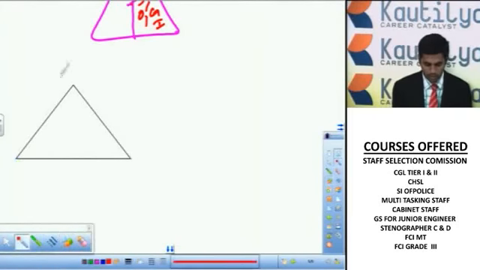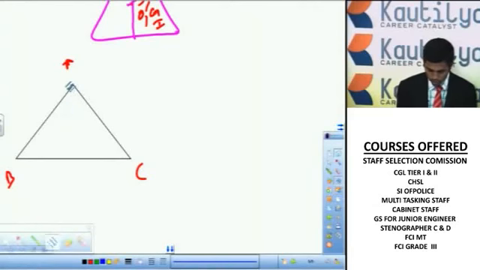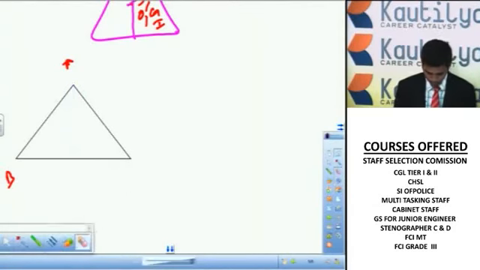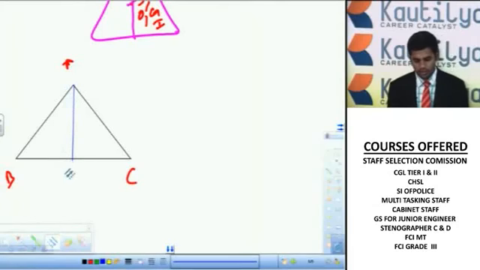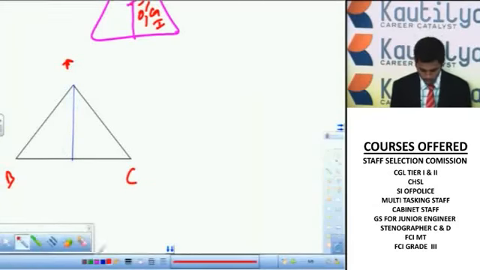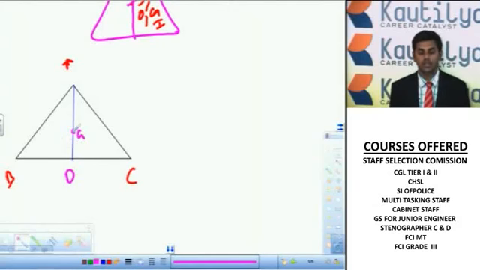Let this be the equilateral triangle with vertices A, B, C. Let us say this is the perpendicular from vertex A, AD. In an equilateral triangle everything lies at one particular point, so let G be the centroid, orthocenter, circumcenter and incenter, all located here only.